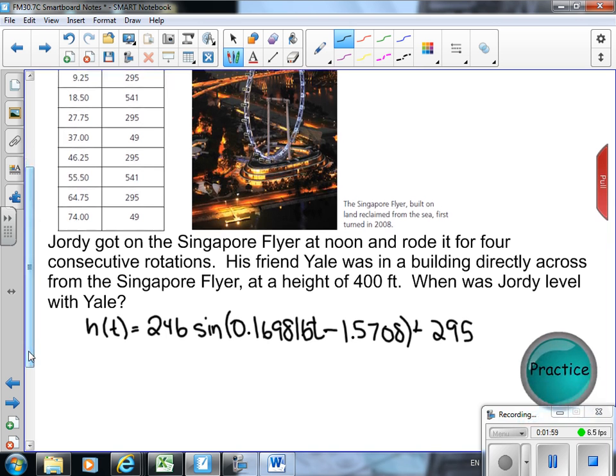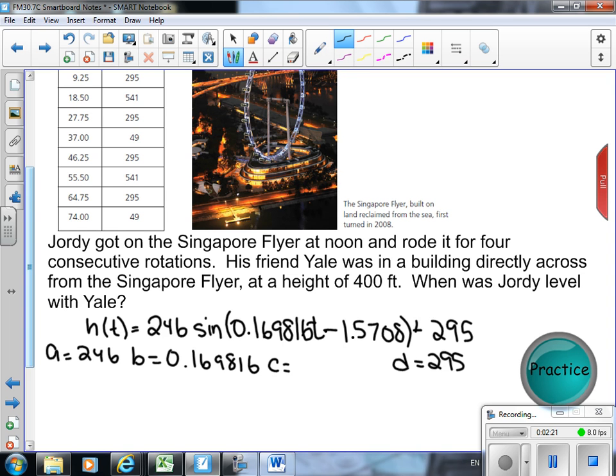Let's just write out the variables here that we know. A equals 246, B equals 0.169816, and we don't know C actually at this point because this equation is in a different form. So we're going to leave that for a second. D equals 295.